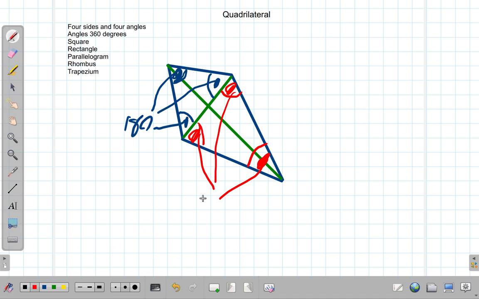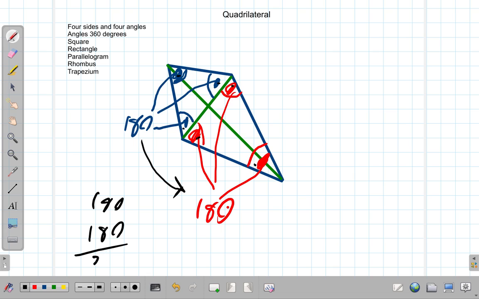All of them gives me 180 degrees. So then, if I add up everything, this angle plus this angle plus this angle plus this angle plus this angle plus this angle, what I get is this plus this. 180 plus 180 would give me 360 degrees. So whatever the shape of the quadrilateral is, all angles add up to 360 degrees. Alright?